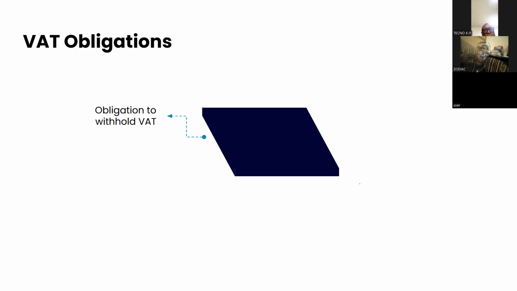But even in the telecommunication, not all telecommunications, just MTN and Airtel. Am I making sense? And then I think that's the category: oil and gas companies, money deposit banks, MTN and Airtel, and MDAs, ministries, departments, and agencies of the government. They have the obligation to withhold VAT.